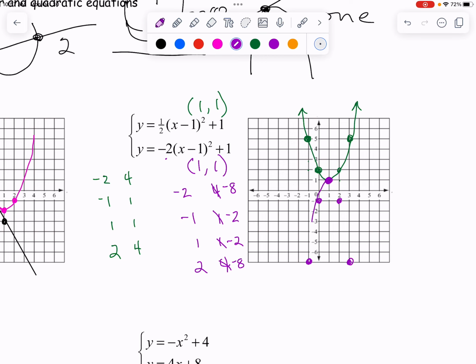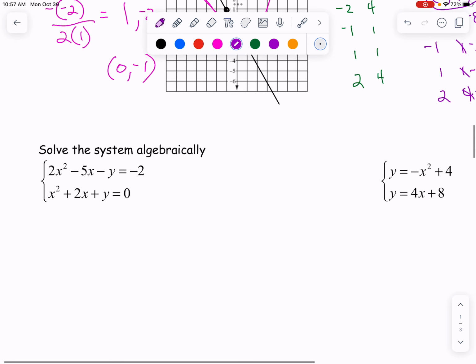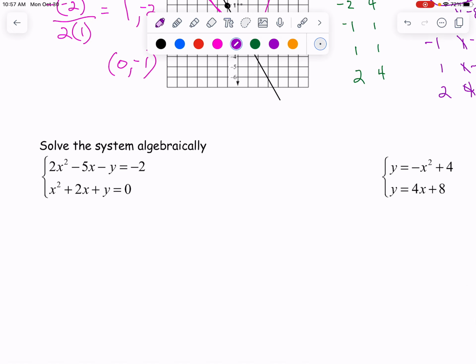So my point of intersection for these two quadratics will be their vertex, which would be 1, 1. That's using graphing.